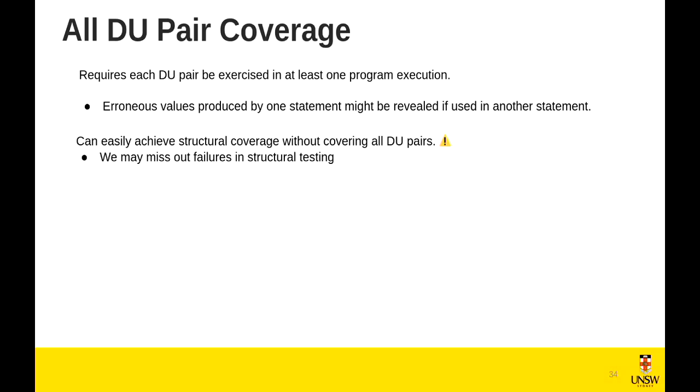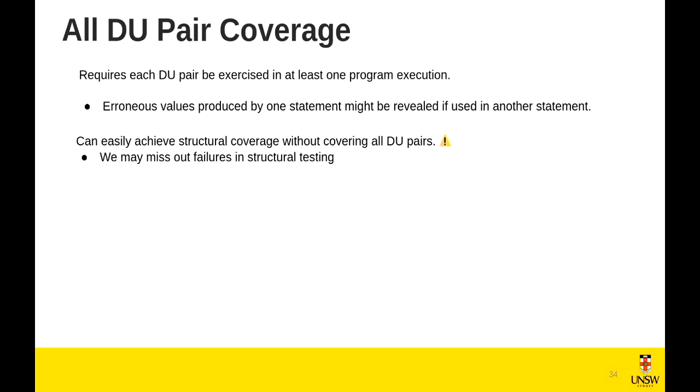And remember, in the exercise we did before, by the end of the first half of today's lecture, we could see that we can easily achieve structural coverage without covering all DU pairs.